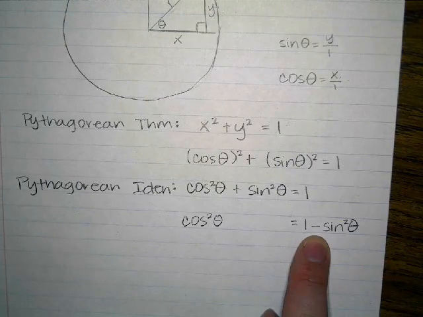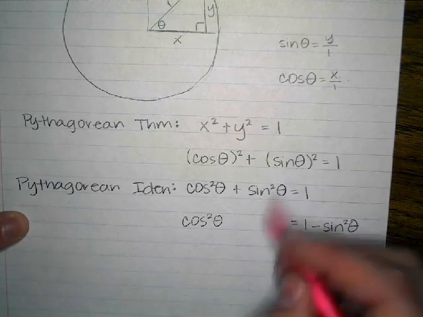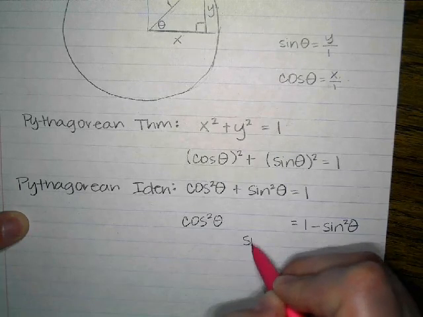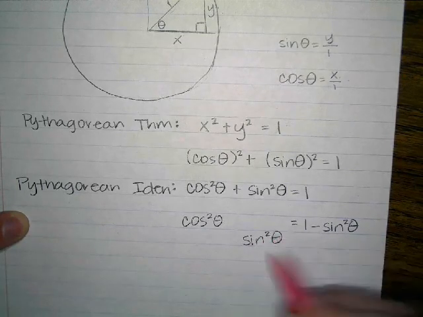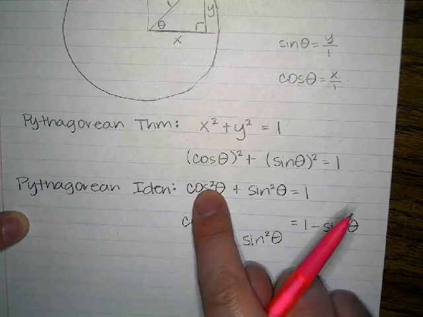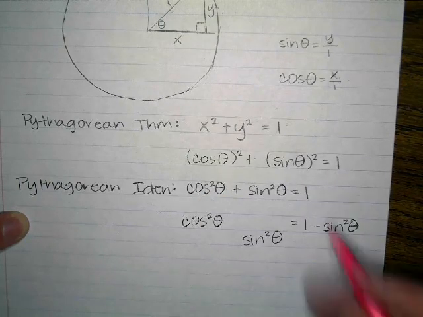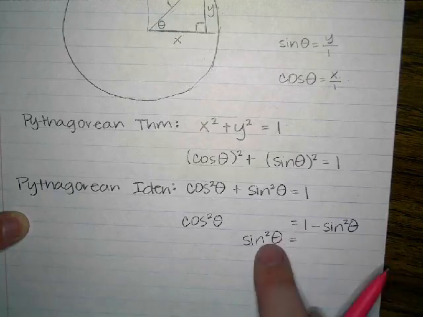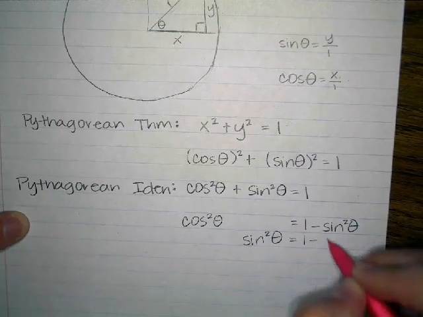And then they said, okay, well, we can do the same thing with sine. If we have sine squared and we want to isolate the sine squared, we could just leave the 1 right here and take the cos squared and minus it over. So if I want sine squared to be isolated, that would just be 1 minus cos squared.